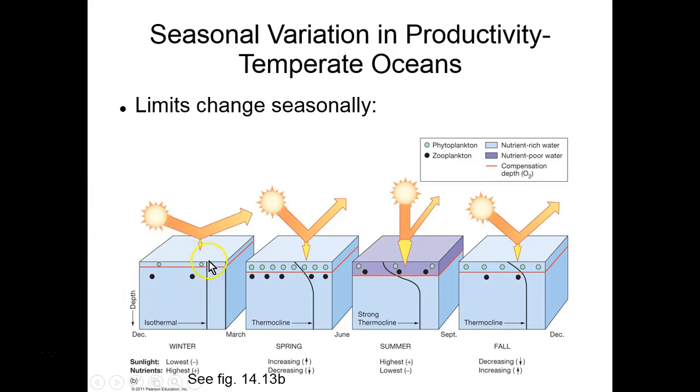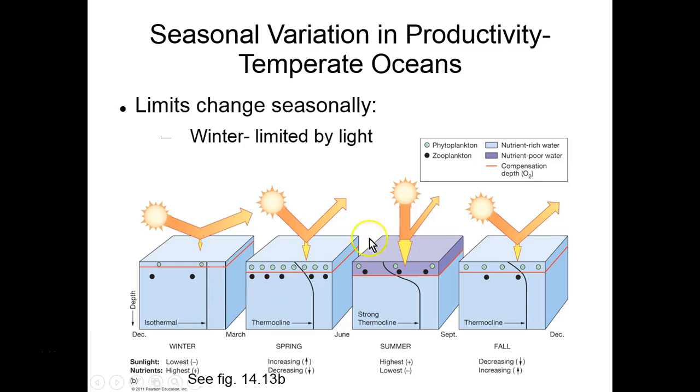There are a lot of nutrients in the water, as can be shown by the fact that the temperature of the surface water is pretty similar to the temperature of deeper water, which means that there can be circulation of nutrients into the surface waters. So in the winter, although there are enough nutrients in the surface waters, there's not enough sunlight. So this is sort of similar to the poles, but not as extreme as the poles. Okay, so in the winter time, it's limited by sunlight.